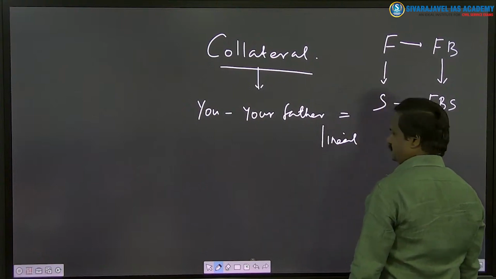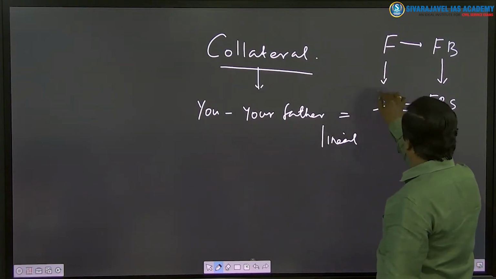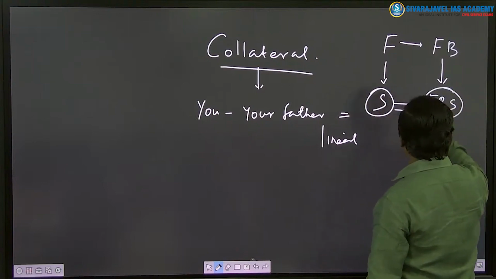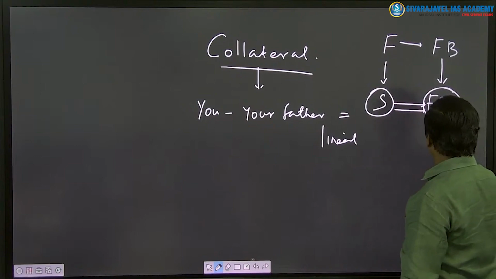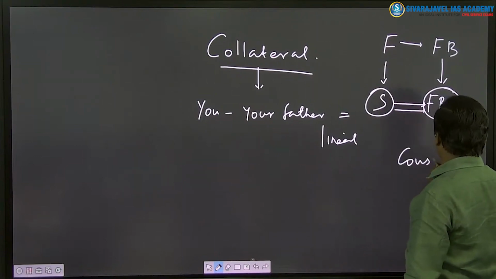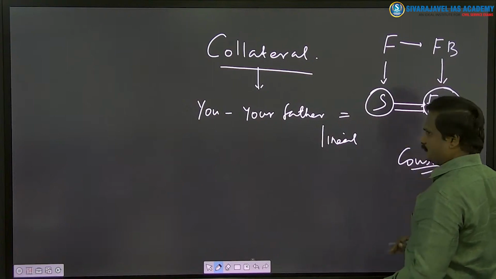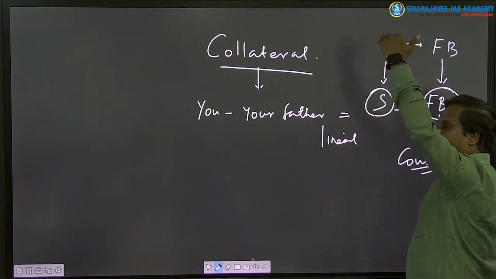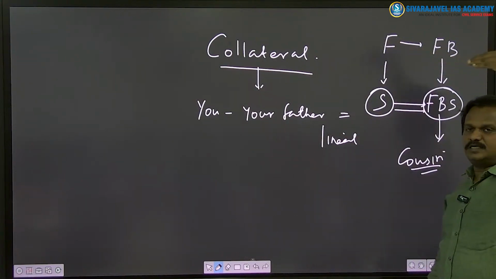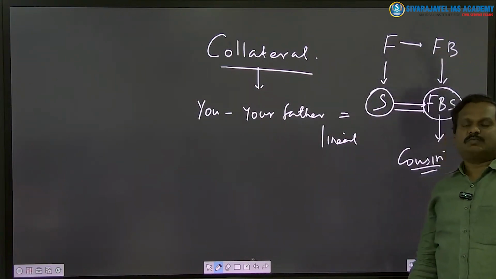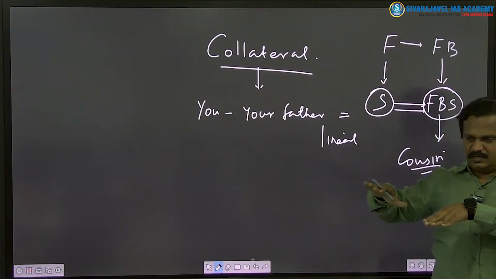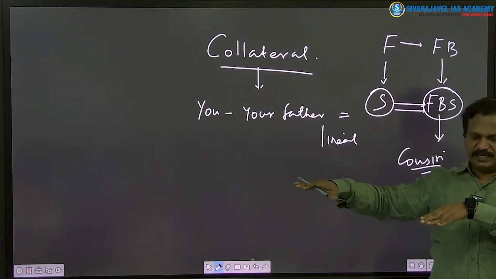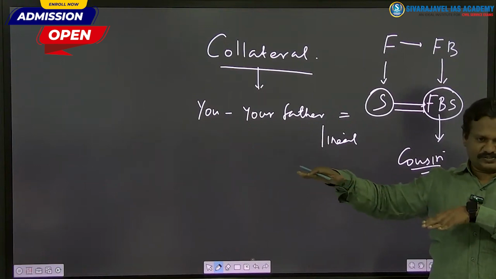So you are sharing some sort of commonality with your father's brother's son. He is called your cousin. So you are not tracing your descent from the one who is above you. You just have a relation with a colleague of yours, of the same generation.